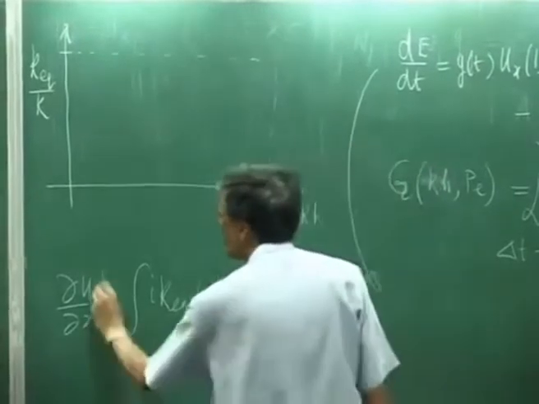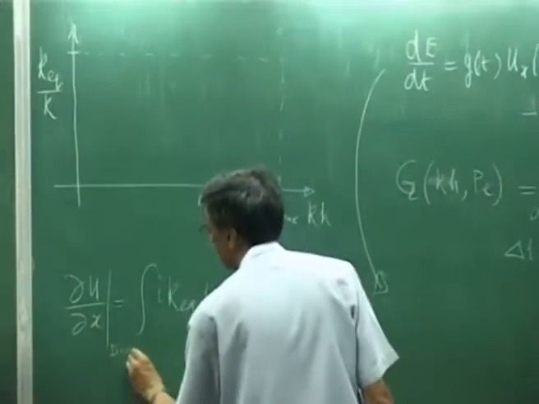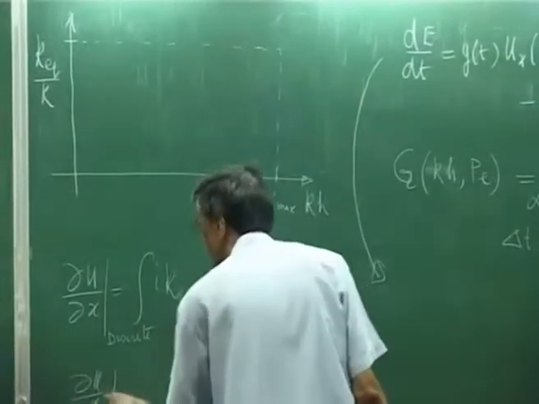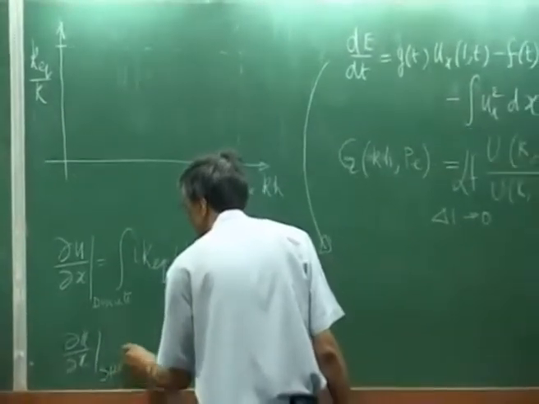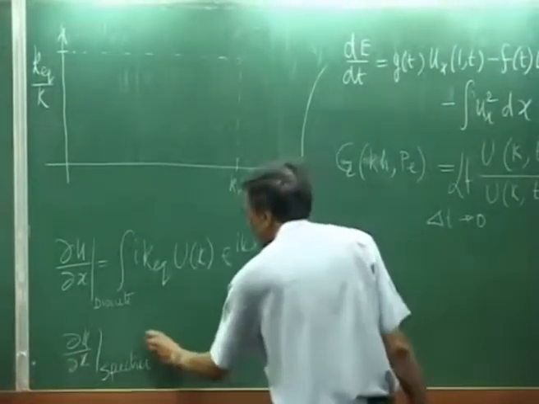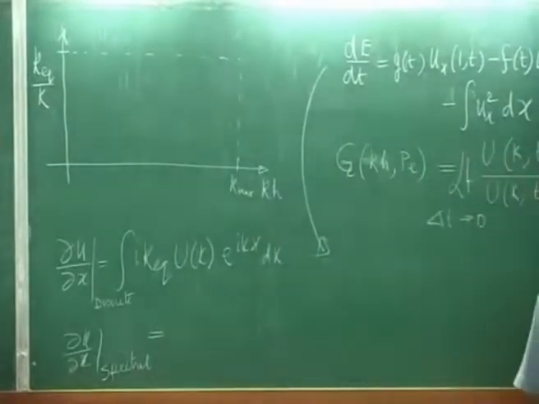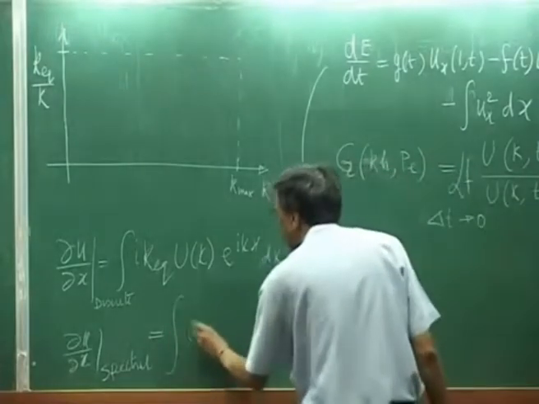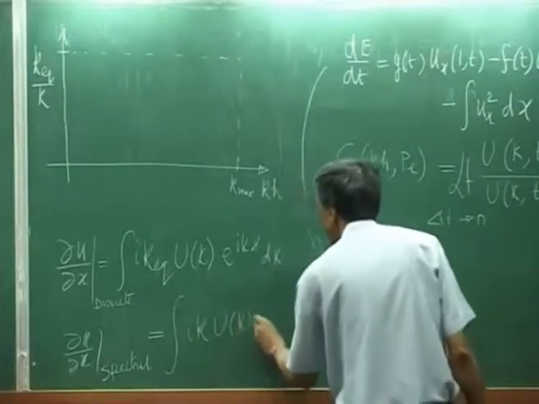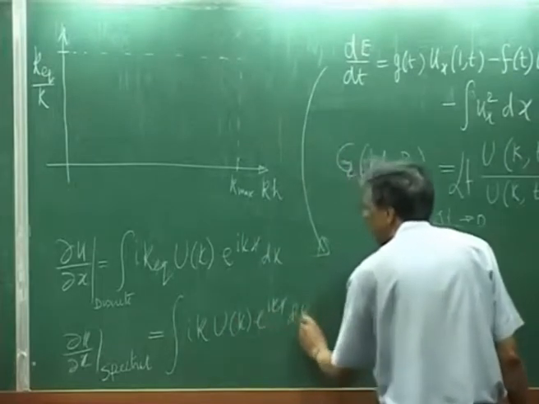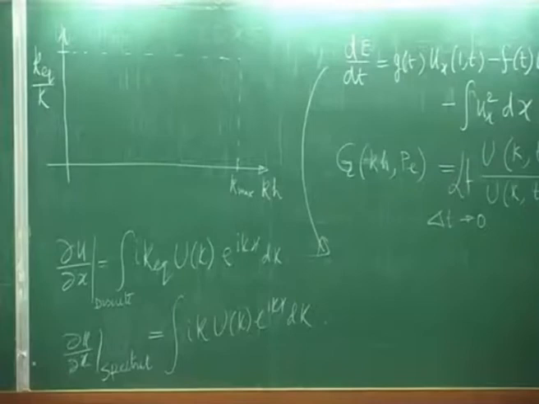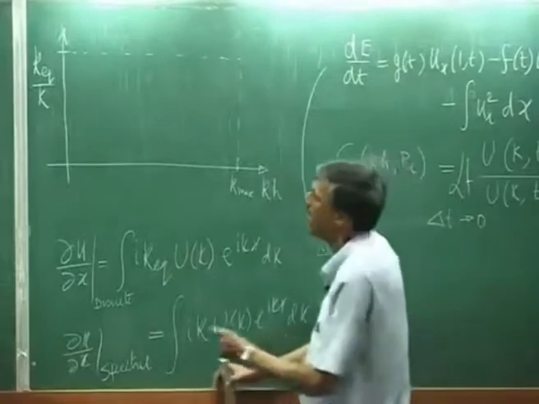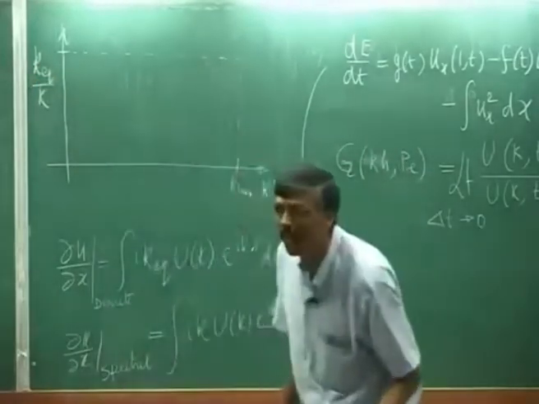So, this is say any discrete method, and we have seen if we do spectral method, that means we take the space dependence part in terms of the trigonometric functions, right, orthogonal functions, then this becomes equal to i k u of k e to the power i k x dk. So, you see the difference comes in here. Instead of multiplying by k, we multiply by k equivalent, and that is why we accumulate error.